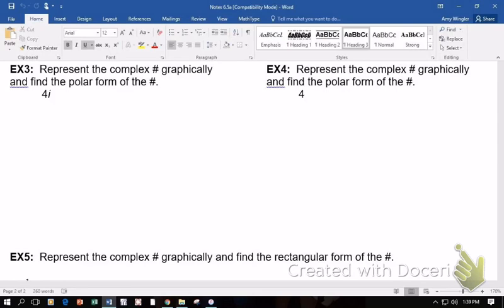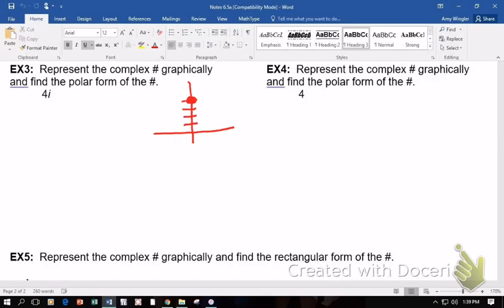To represent a complex number graphically and find the polar form of the number, you're going to continue doing what we've already done. I always graph it first because I think the graph sometimes provides an insight on the polar form of that number. So if you're only graphing 4i, that means you're only going up to 4 on the imaginary axis.